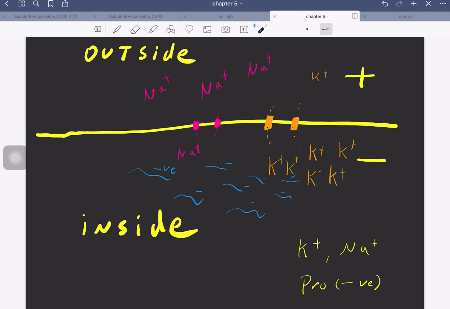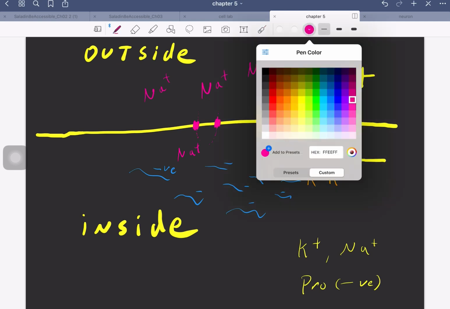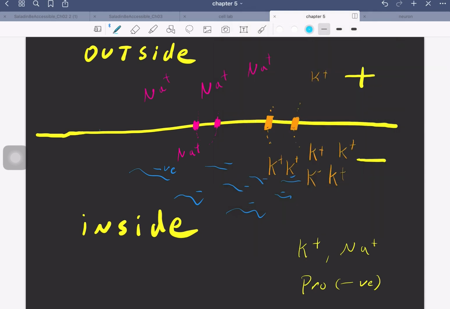Now, there's also the sodium-potassium pump. And we'll put the sodium-potassium pump on here. We've already talked about it. And remember, it's a pump, and it requires the use of ATP.